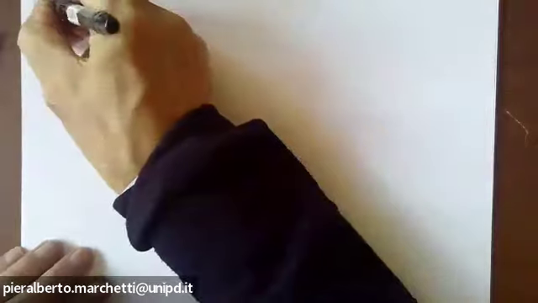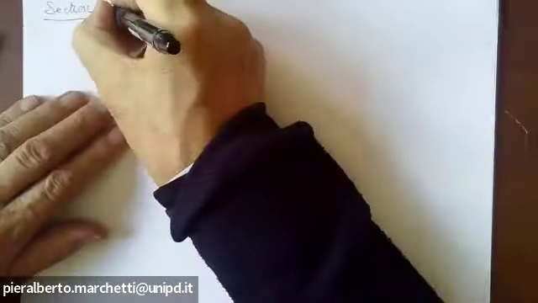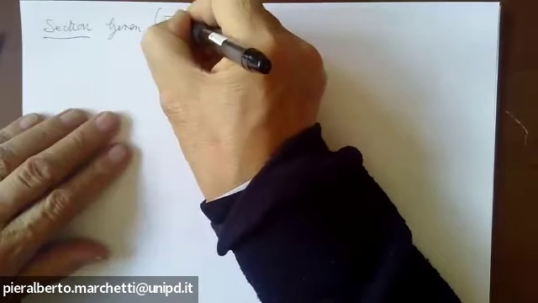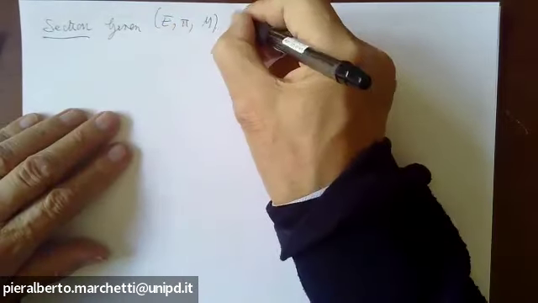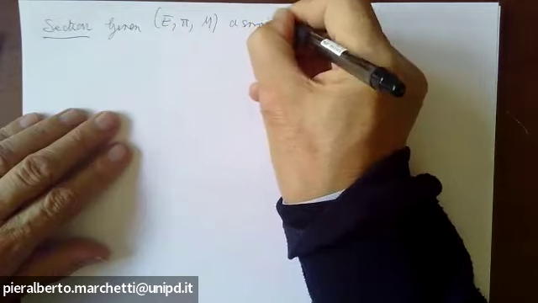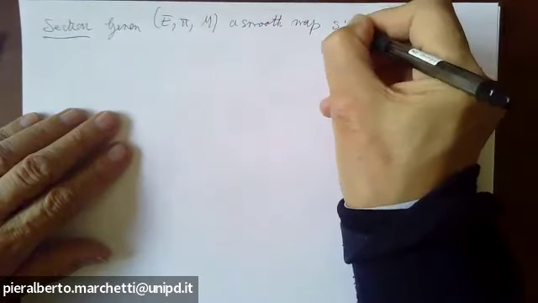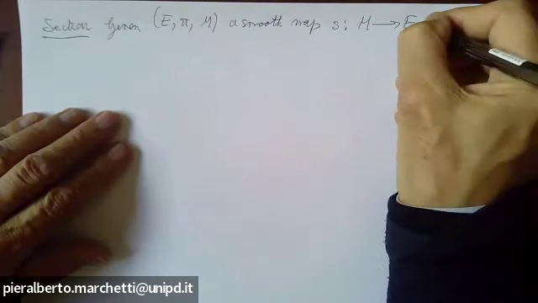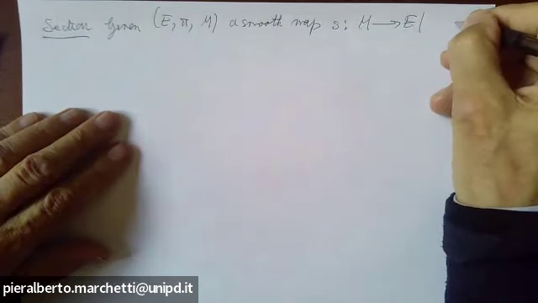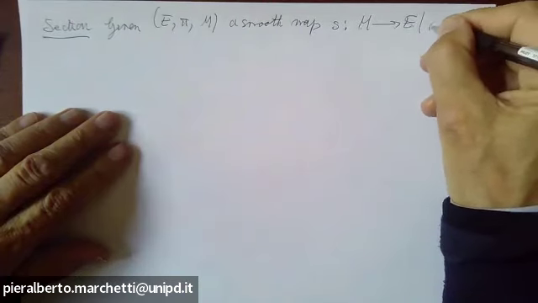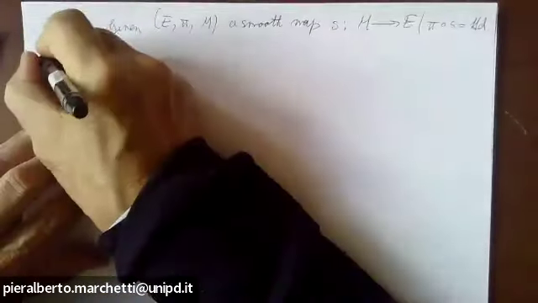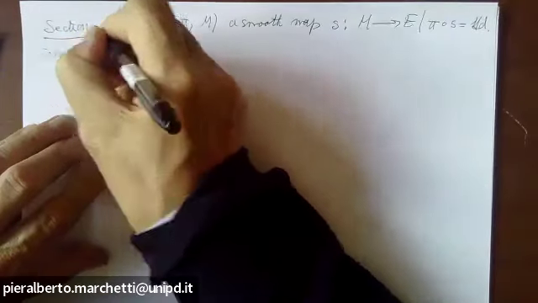So let me now introduce a new notion, which is a section of a bundle. Given a bundle E over M, a smooth map s from M to the total space, from the base space to the total space, such that if you first apply this section and then you apply the projection, it gives rise to the identity, is called a section.